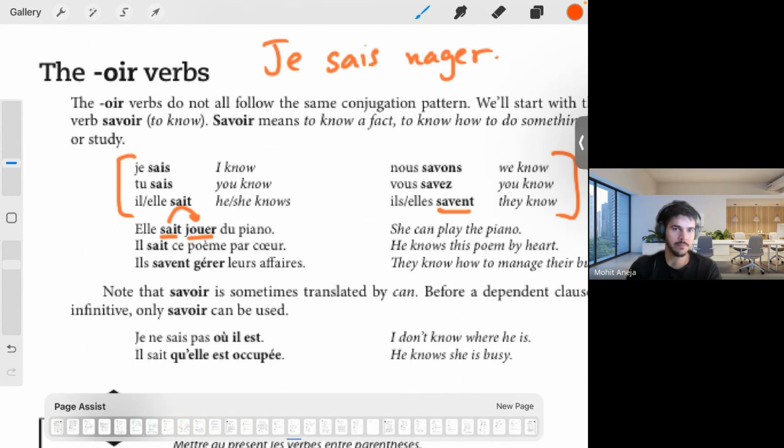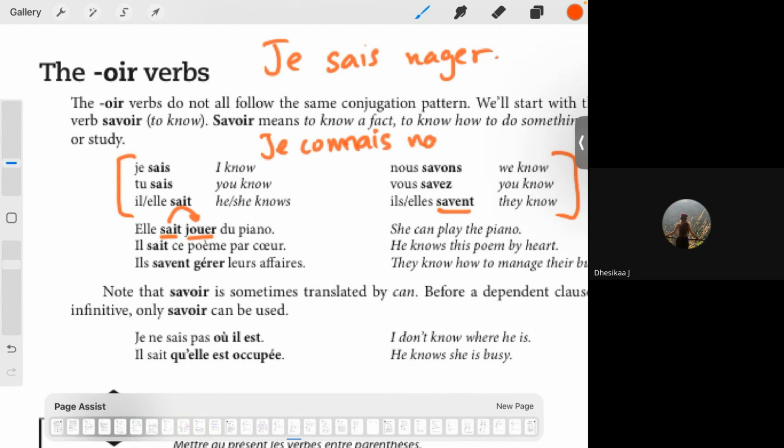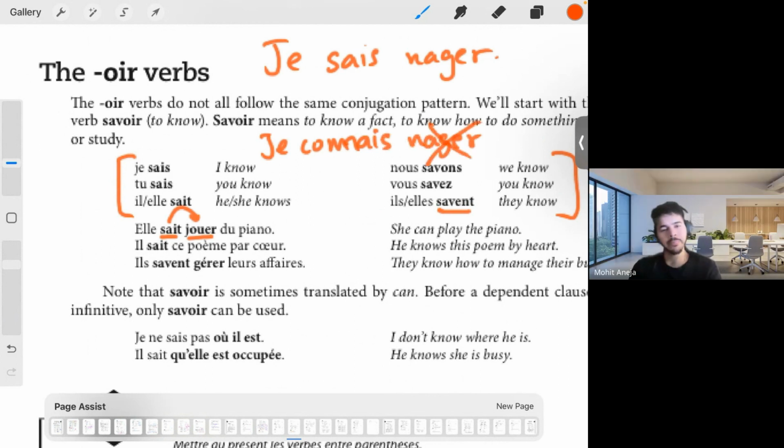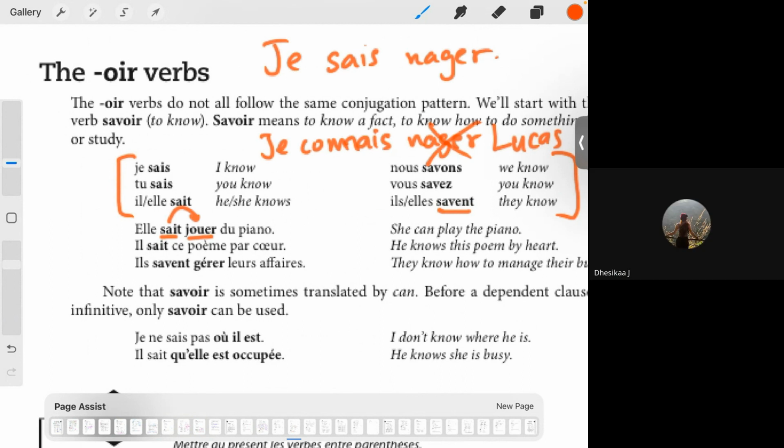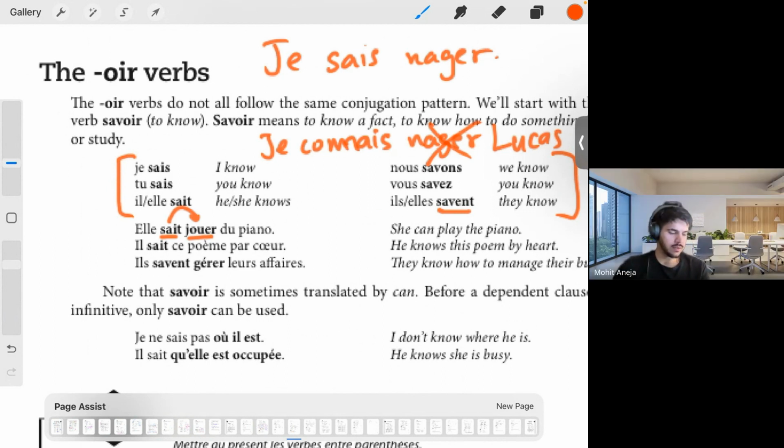If I were to say je connais nager, can I say that? No, I can't say this. So je connais Lucas, for example. I can say that. I know Lucas, because it refers to the direct object or direct person. Exactly, yes. Je connais, for example, Red Fort. Je connais Red Fort.